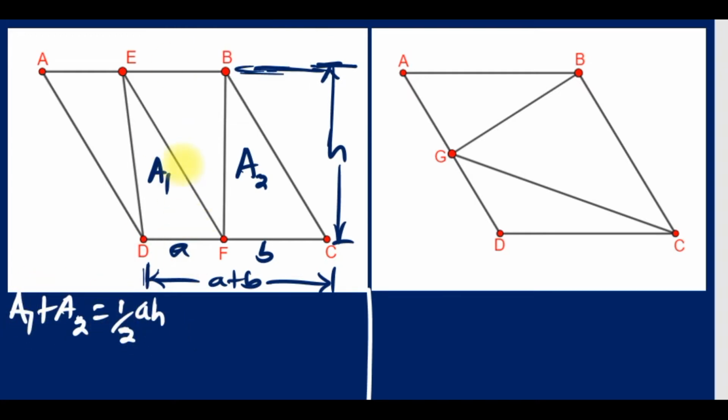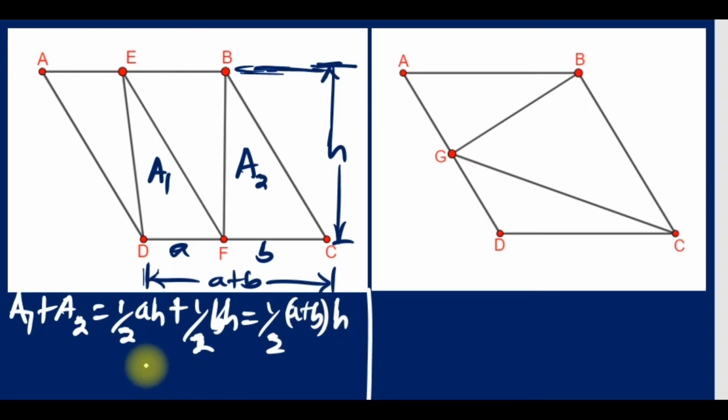So for A1 plus A2, this is half AH plus half BH, and we can factor it as half A plus B times H. They have a common term, half H, so I can write it this way.